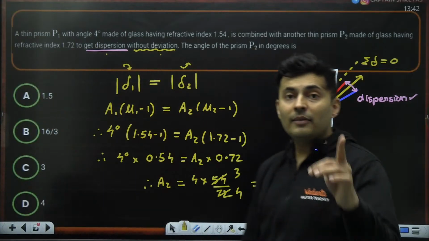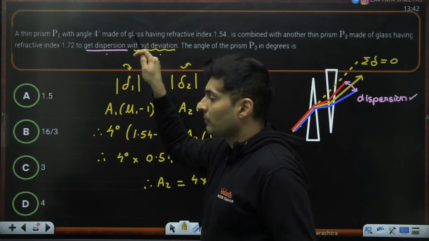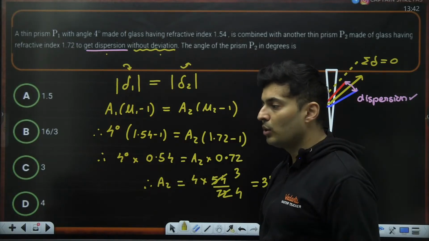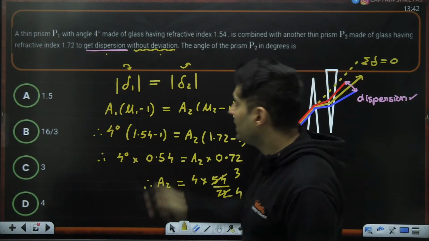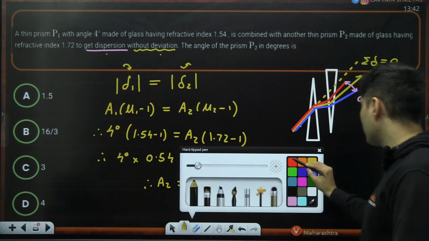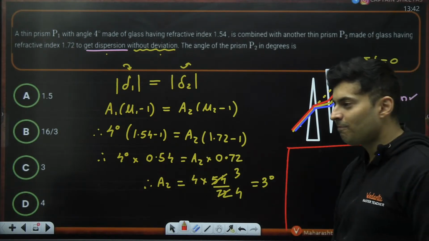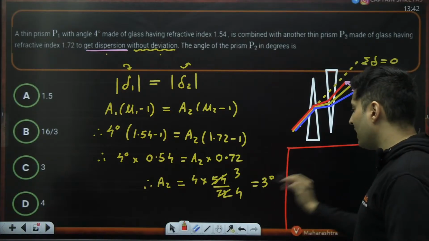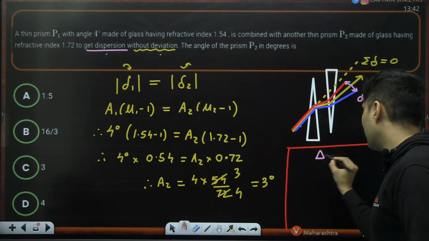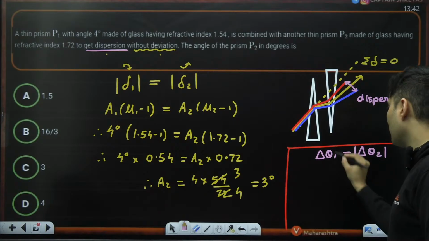Understood? If the question was deviation is not there, but sorry, deviation is there and dispersion is not there, then what will you do, guys? Put it up in the chat box. Let's say no dispersion but deviation. If that thing happens, then what will you do? Yeah, whatever spread is there in the first case, the dispersion which is there in the first prism will be the dispersion in the second prism.